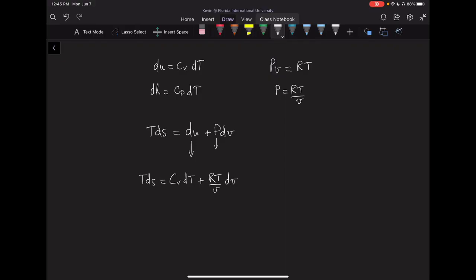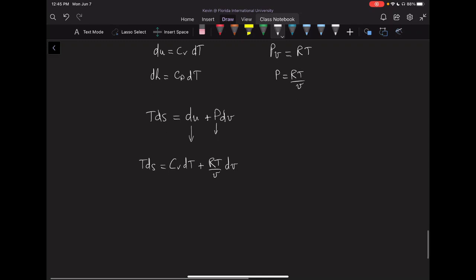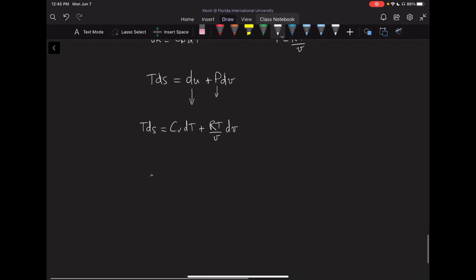And we can therefore write, if we now bring the T over to the right side and divide everything by T, we have Cv over T dt plus R over V dV. Okay, and you can see how the T canceled out in the second part of the equation. And now we can integrate everything.